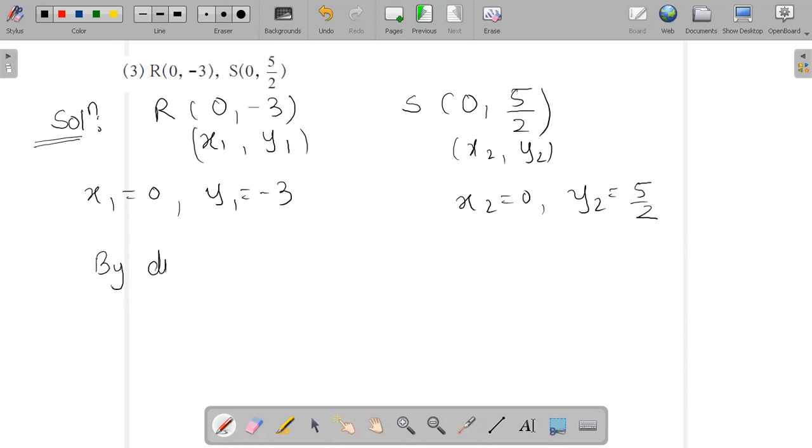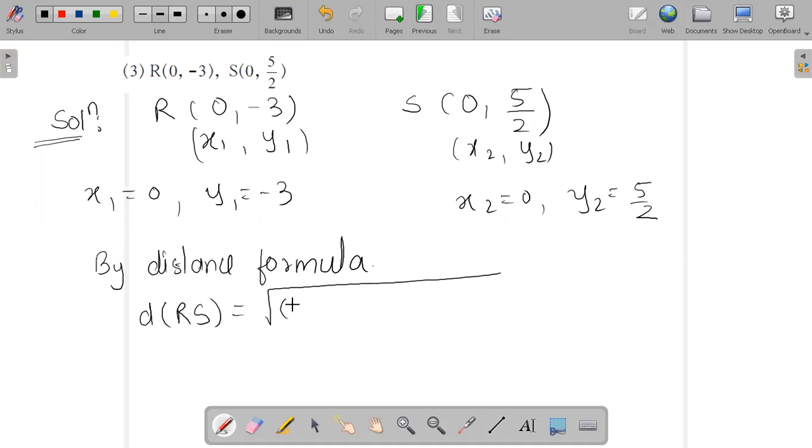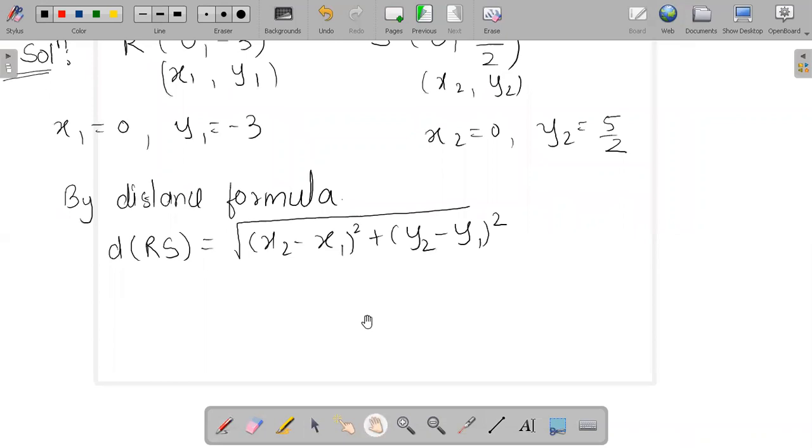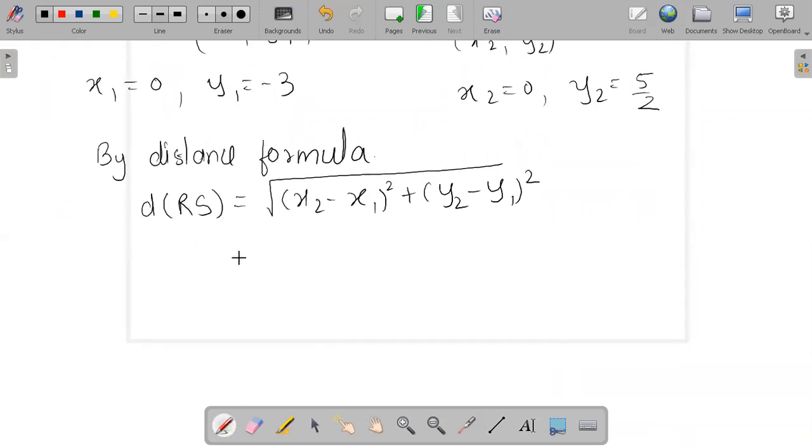So by the distance formula, distance RS equals the square root of (x2 minus x1) the whole square plus (y2 minus y1) the whole square. Now we'll substitute all of the values.